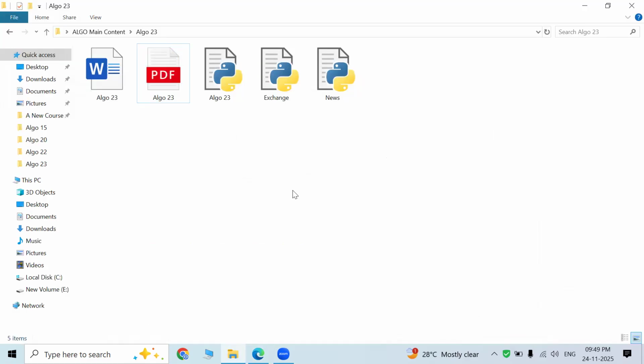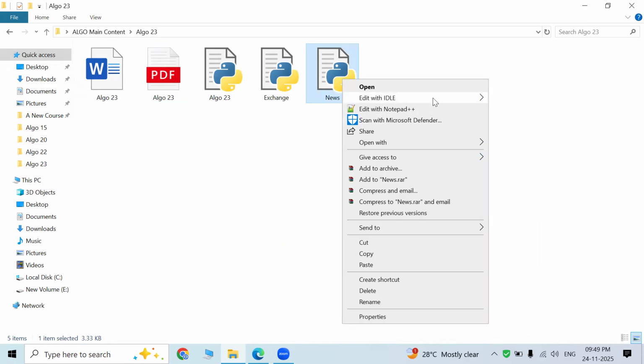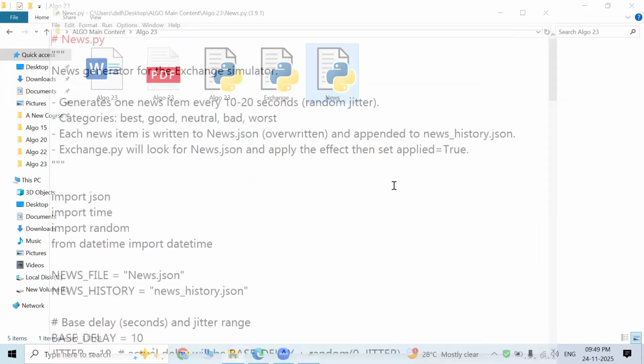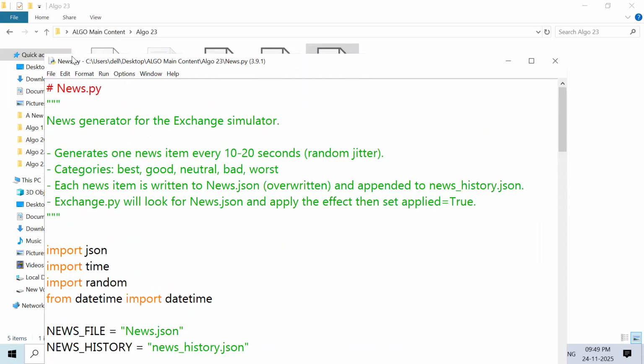Now I'm going to show this complete part in an actual trading environment. So this is the reason for the change of the price. This is a news flow. I created this window in such a way that it creates a different kind of news every 10 to 20 seconds randomly.